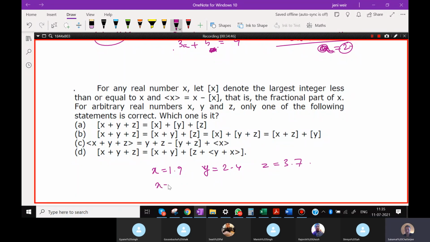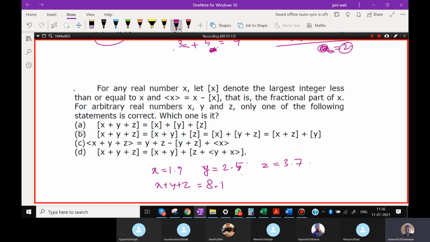So let me make y 2.5. So x plus y plus z is 8.1.